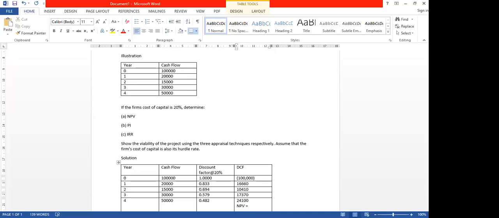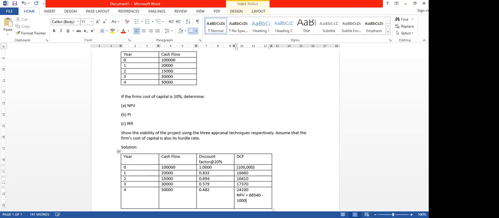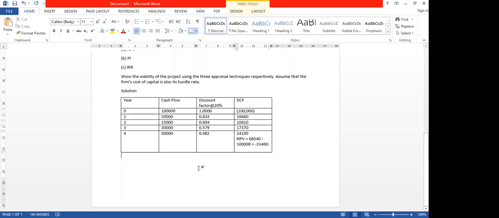The sum of the discounted cash flow is 68,540. 68,540 minus 100,000. Is that correct? That will give us a negative NPV of 31,460. Keep that. Then we'll now look for the PI.